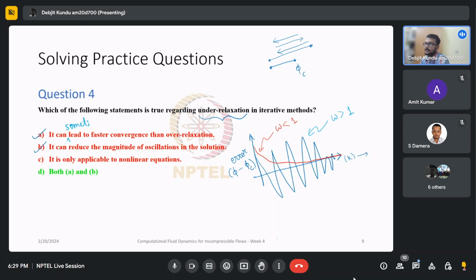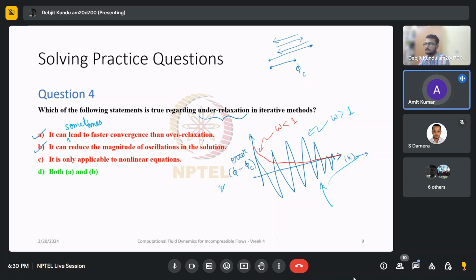In cases where over relaxation is leading to these kind of oscillations, then it will take a much longer time to reach convergence because it is going back and forth about this converged solution again and again. So in that case, the under-relaxed method would actually reach convergence earlier than over-relaxed method. So in those cases, it will lead to faster convergence than over-relaxation.